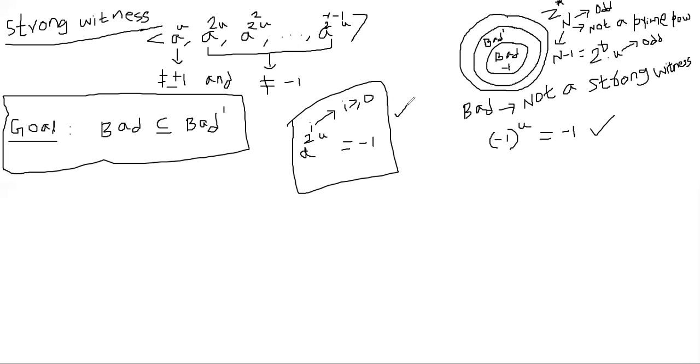Now it's time to define bad prime. Bad prime contains the set of all elements a in Z n star such that a power 2 power i times u is equal to plus or minus 1 in mod n.